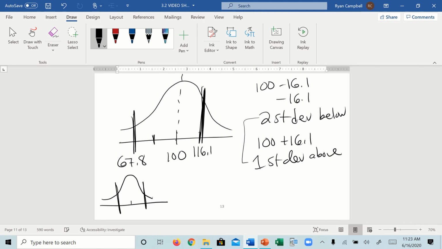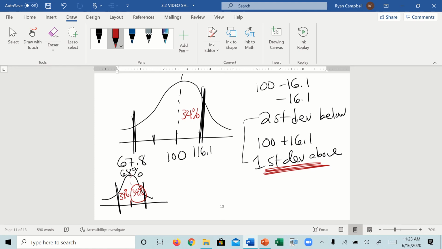So 1 standard deviation we said was 68% total. So if we split that in half, that's 34 and 34. We're 1 standard deviation above, so this percentage is 34%, right? Above the mean, 1 standard deviation is 34%.